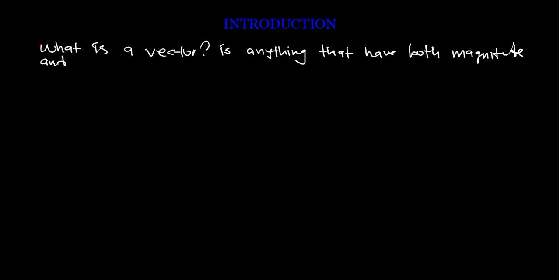So we'll say a vector is anything, or you can say something, that has both magnitude and a direction.